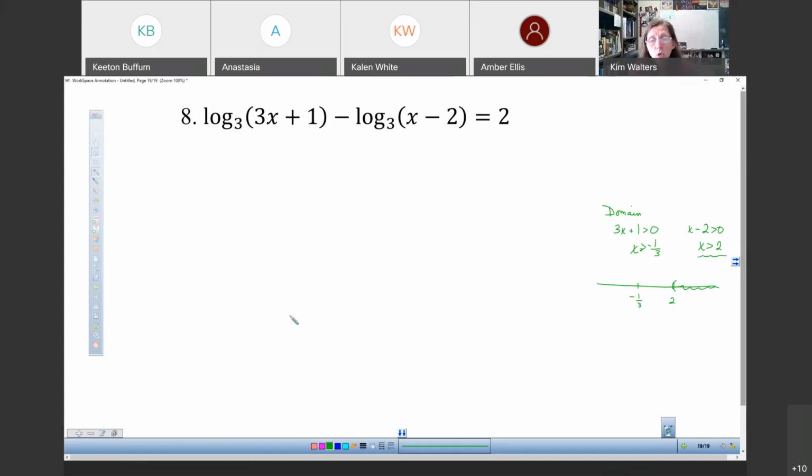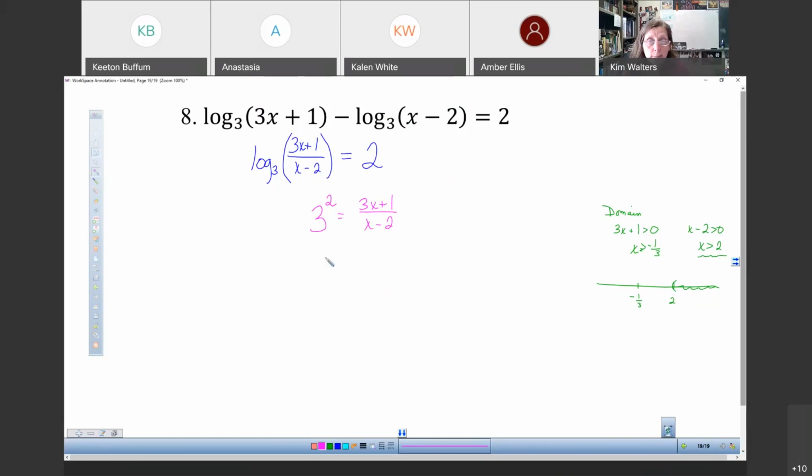Condensing the left-hand side here, I get log base 3 of (3x plus 1) divided by (x minus 2), and this is all equal to 2 on the right-hand side. Once I have condensed everything down to a single logarithm, I can rewrite it. I get 3 to the second power is equal to 3x plus 1 over x minus 2.